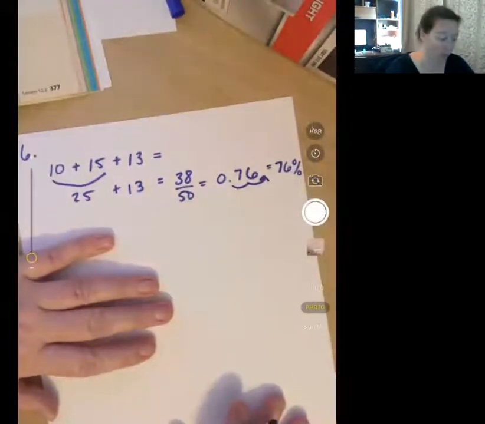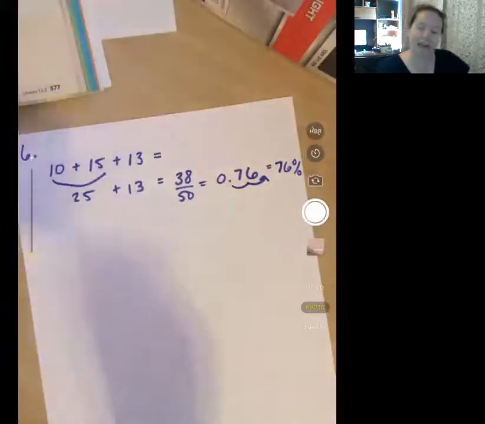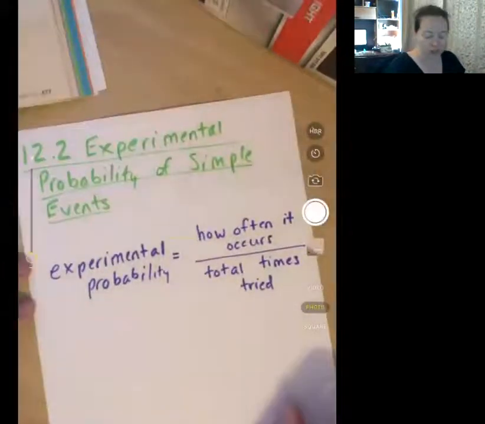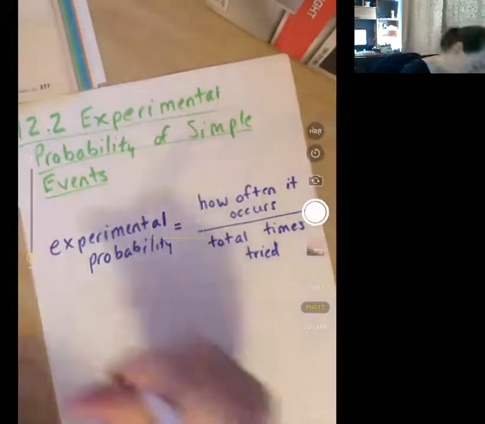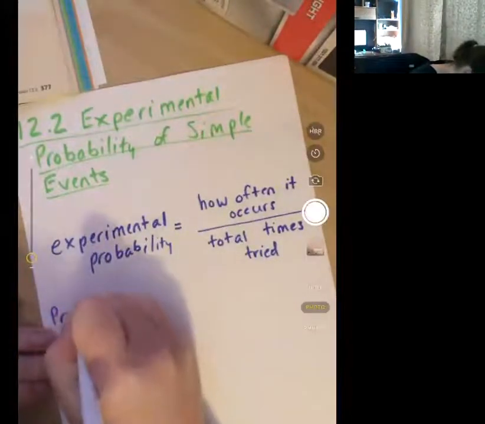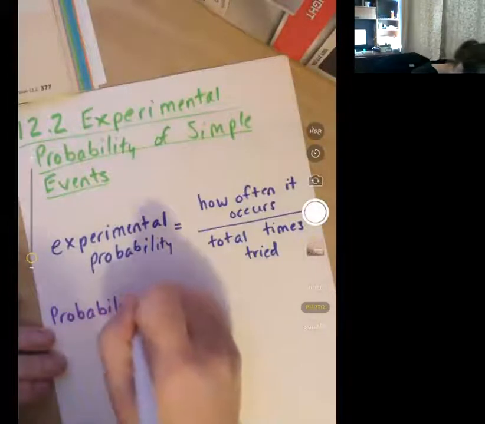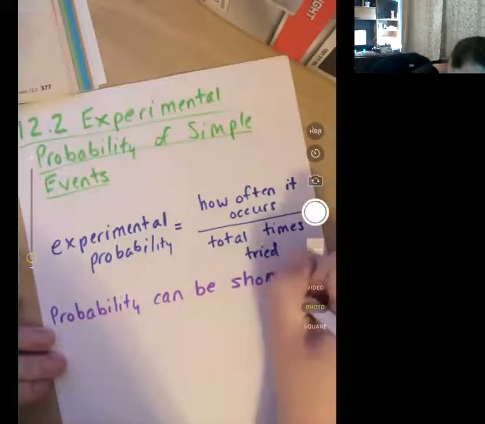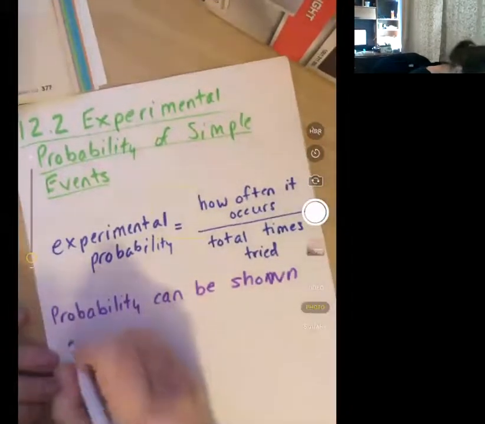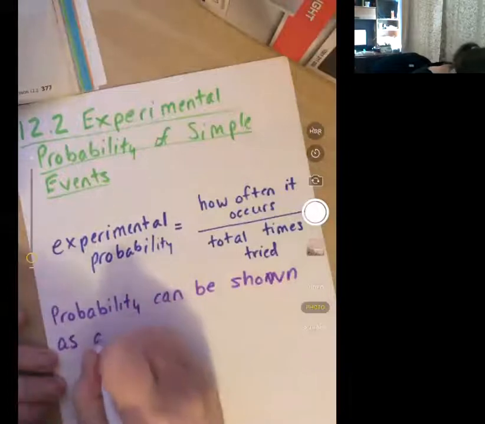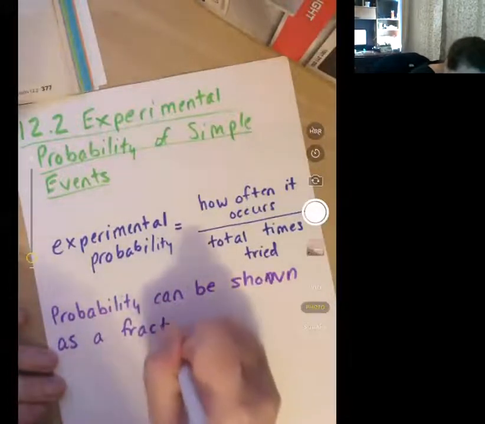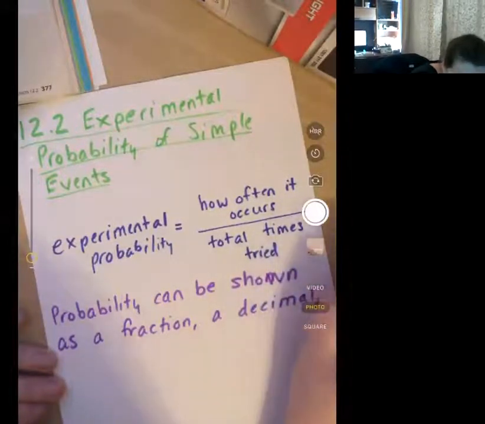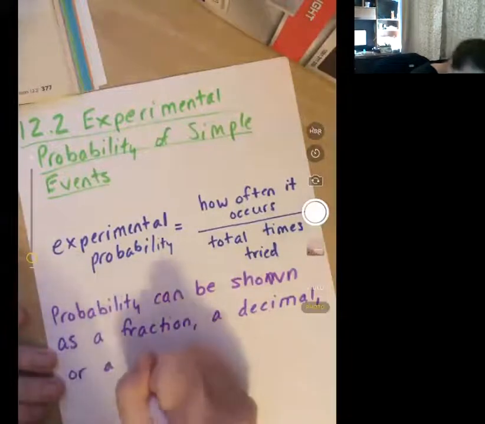And at this point, we're going to go back to our notes because we need to add that into our notes. So I need to put in probability can be shown as a fraction, a decimal, or a percent.